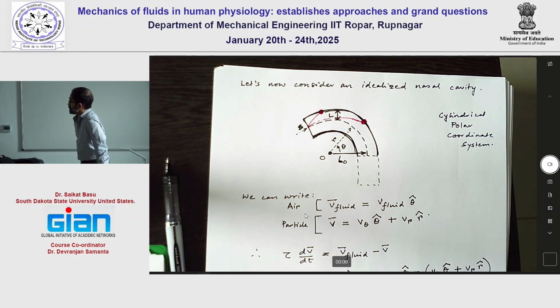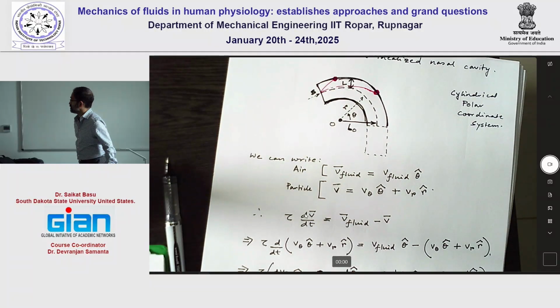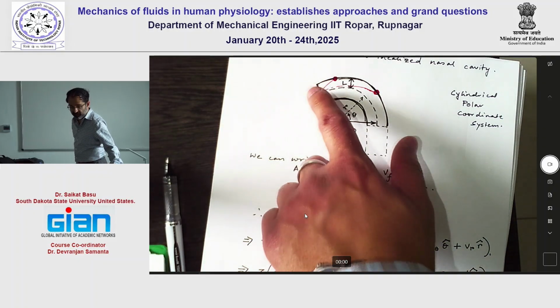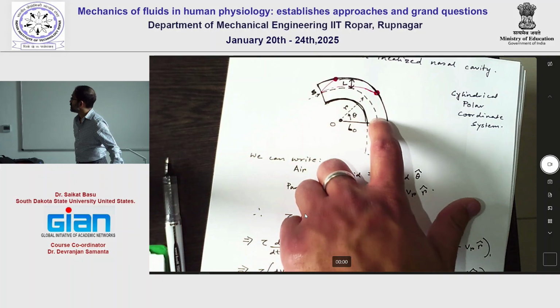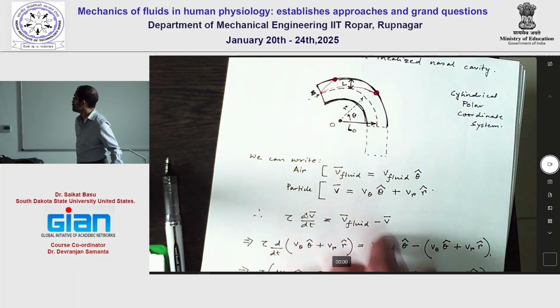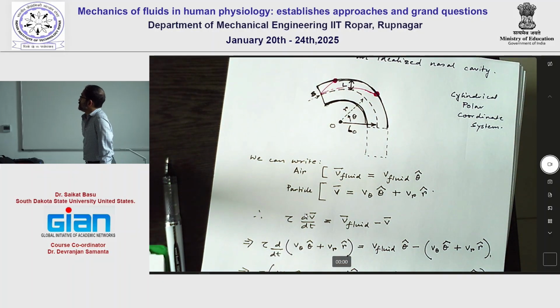Cylindrical polar coordinates. This is what we figured out for the fluid velocity and the particle velocity. We are assuming that the packet of fluid is moving like this, so the radial component was assumed to be 0, so it's just v fluid theta unit vector, and then the particle velocity does have both theta and r components.